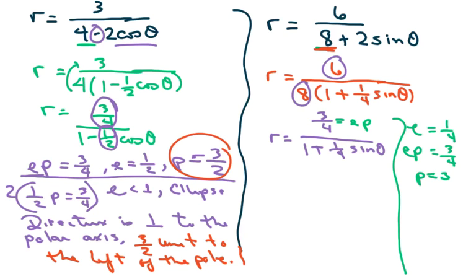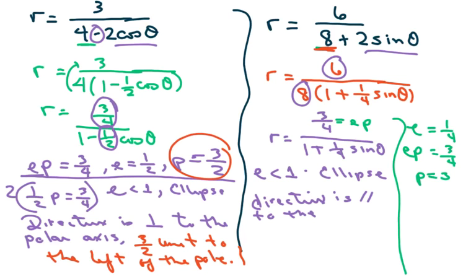All right. Now let's talk about it. It's sine. First of all, E is less than 1, so it's an ellipse. It's sine, so it means the directrix is parallel to the polar axis.